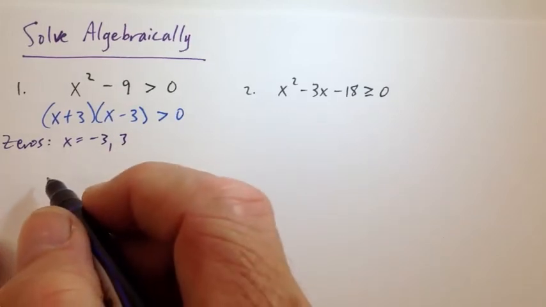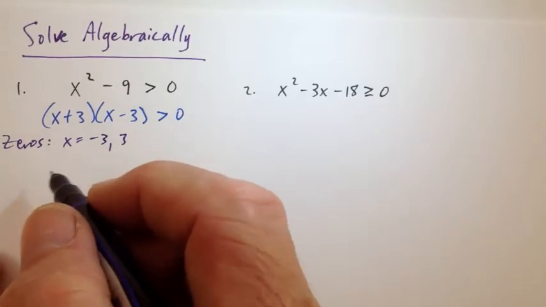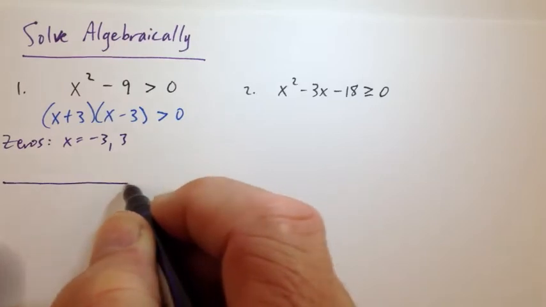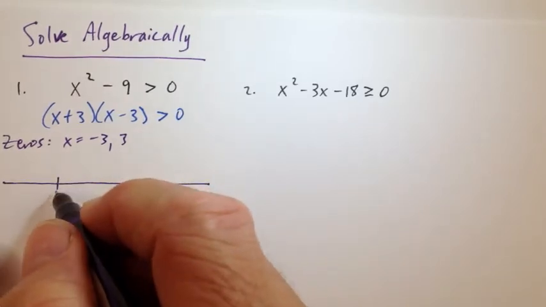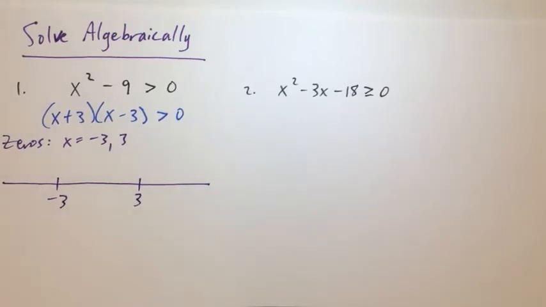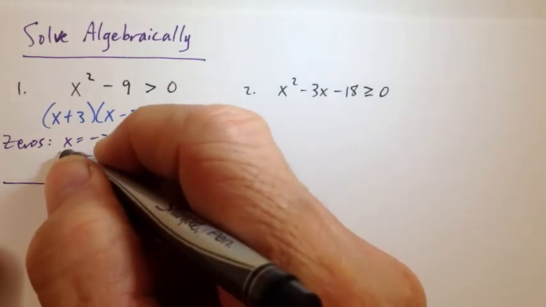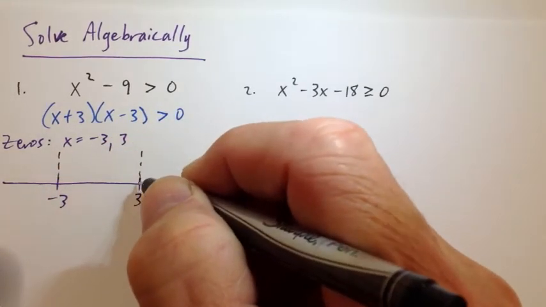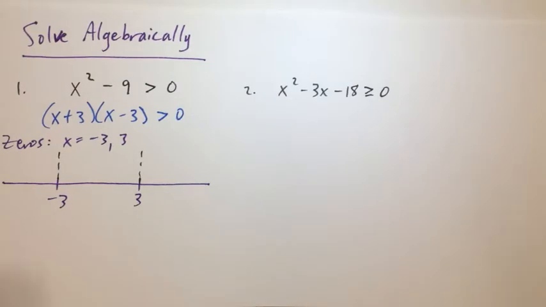Once we find the zeros, we want to set up a sign chart that will let us determine the sign of the function on the separate intervals. Now, one thing to keep in mind, when we separate our number line into different intervals, what we're really doing is breaking up our inputs.